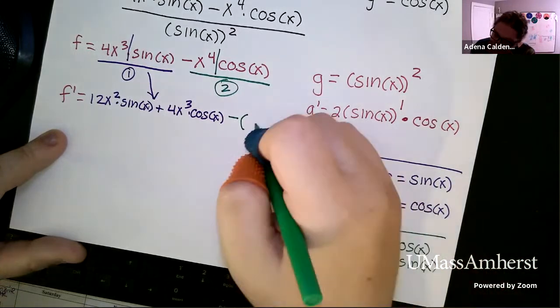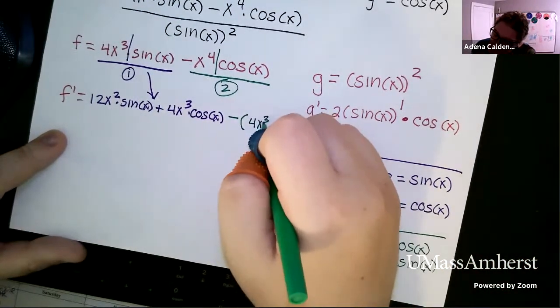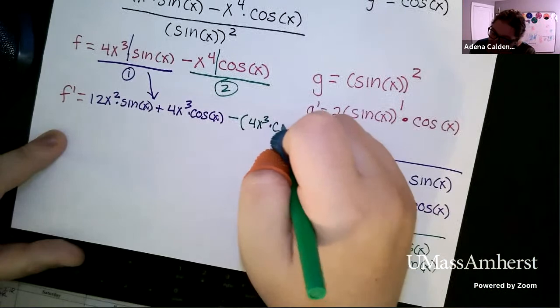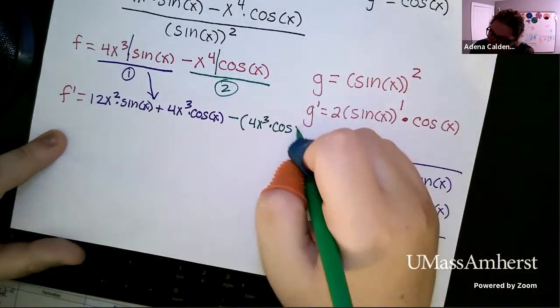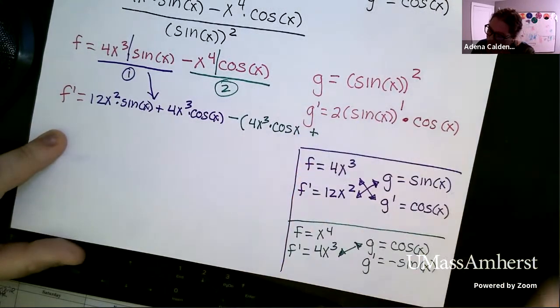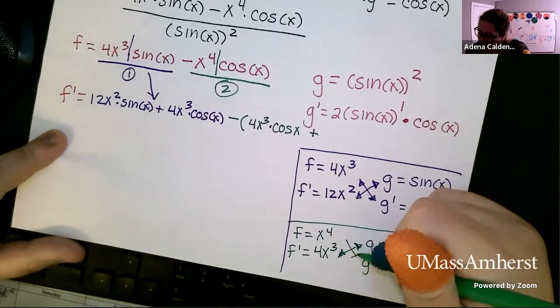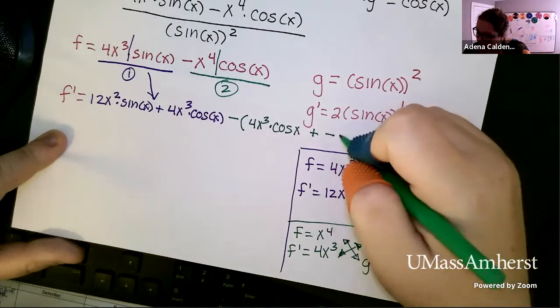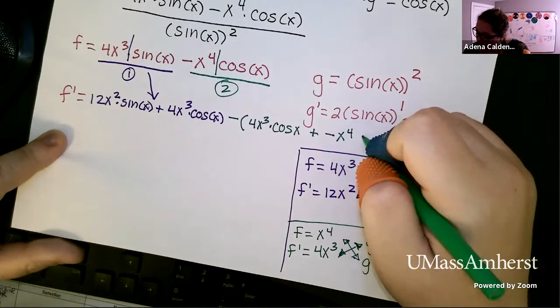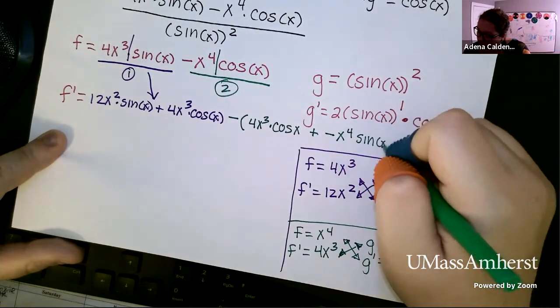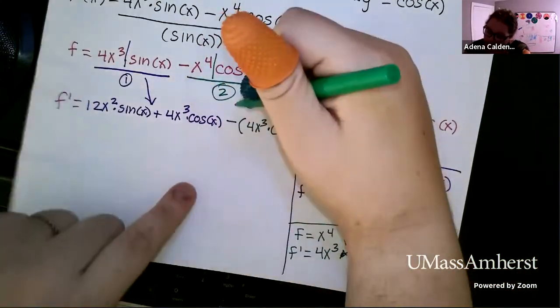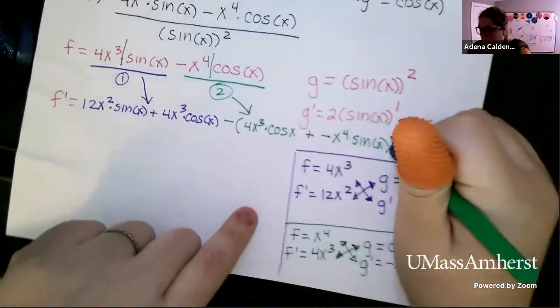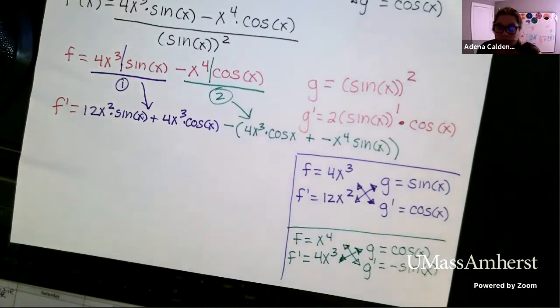So f prime times g, so 4x cubed times cosine x plus g prime times f. So there's a negative here. I'm going to pull that to the front. Negative x to the fourth sine x. So that is the derivative of the second term.